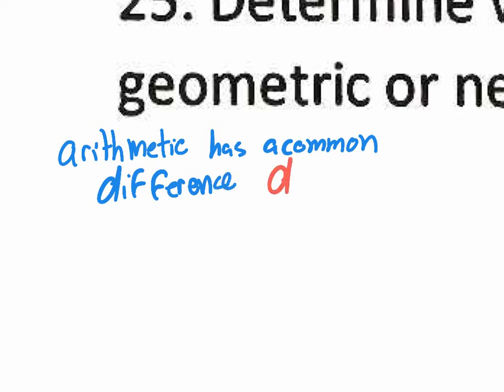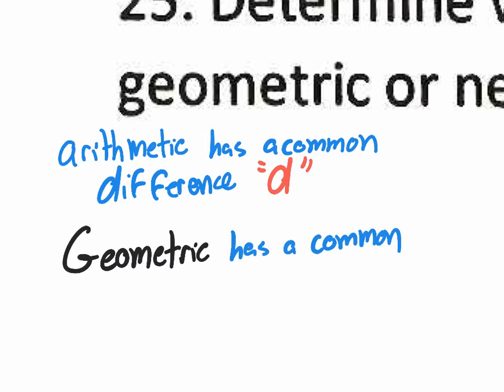And usually we refer to that common difference as D. Now, geometric has a common ratio, which we usually refer to as just R.